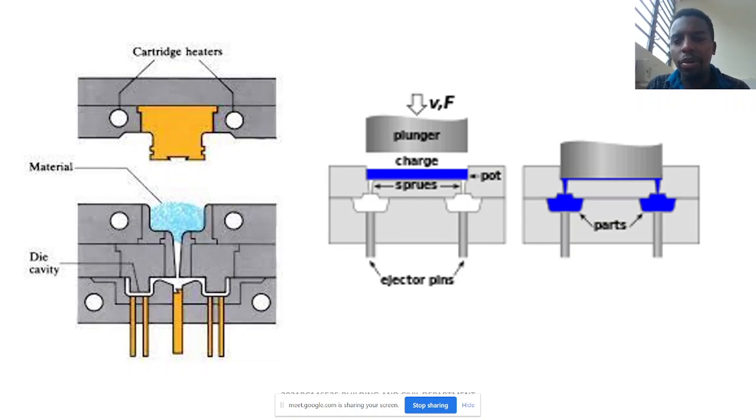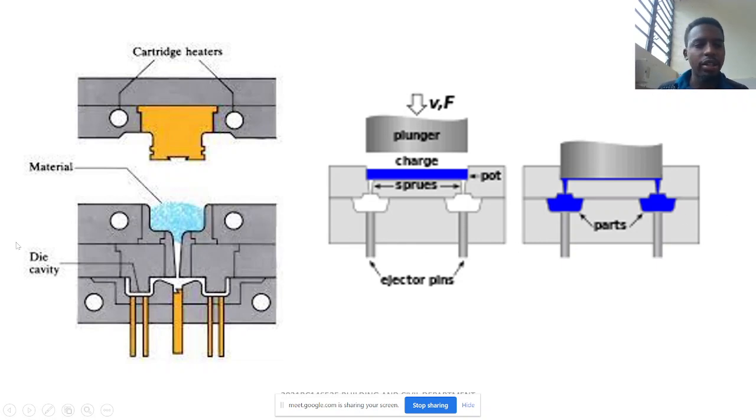Transfer molding is where that particular charge or rubber, as you can see in this other photo, is pressed through and loaded into several chambers. That is the uniqueness of transfer molding. The uniqueness is that a flash is not formed. As you continue, you shall see what a flash is, and we can highlight on that.